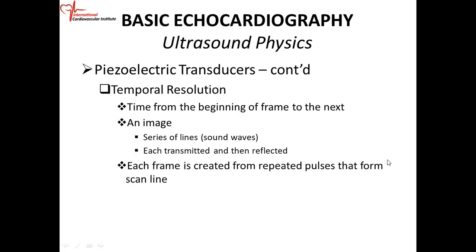So a frame in an ultrasound image is the ultrasound going to the structure, striking it, and coming back to the probe. You're also going to hear about a scan line. One scan line is just one pulse, which travels to the tissue, strikes the tissue, and is reflected backward. So a scan line is nothing more than a transmitted pulse and a reflected pulse.